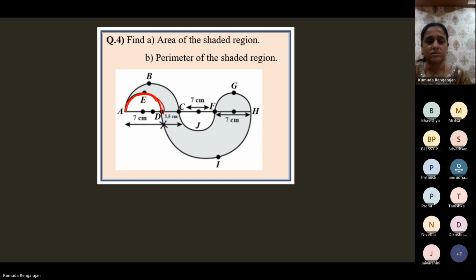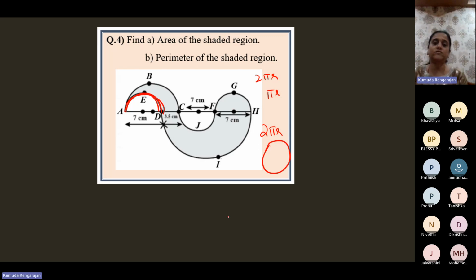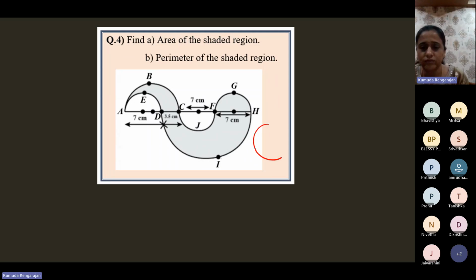This is a semicircle. The circumference of a full circle is 2 pi r, so the length of a semicircle is 2 pi r by 2, pi r.